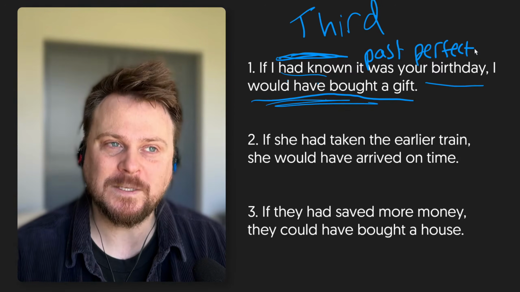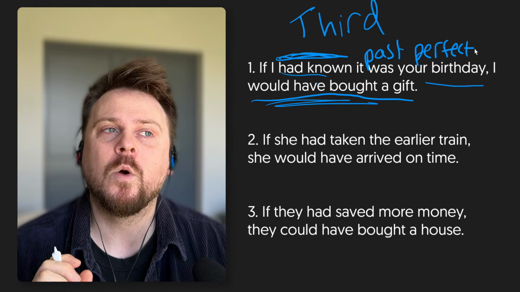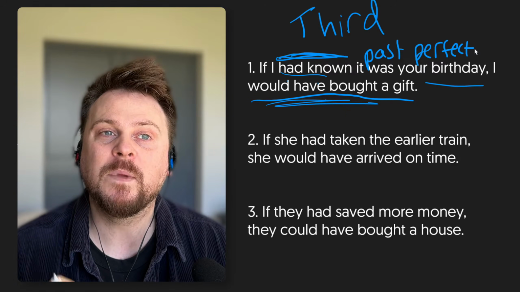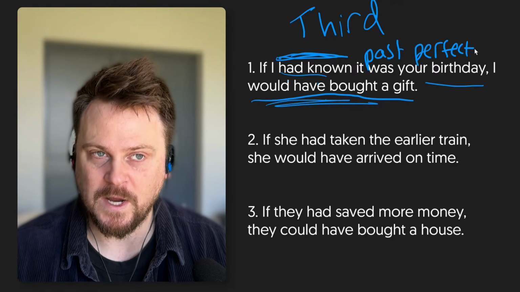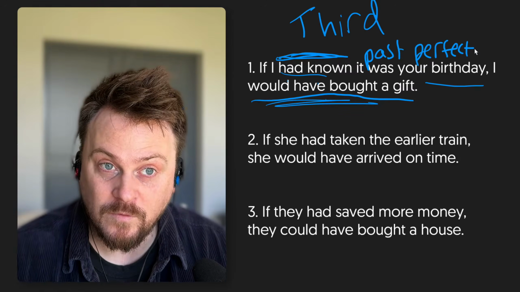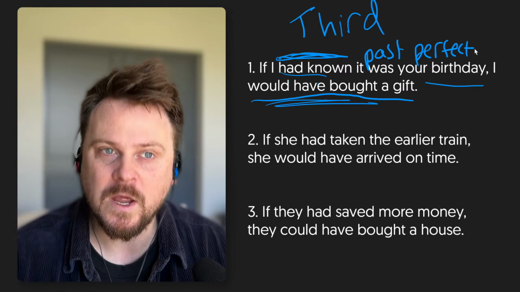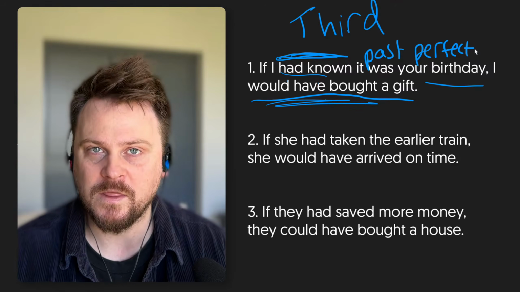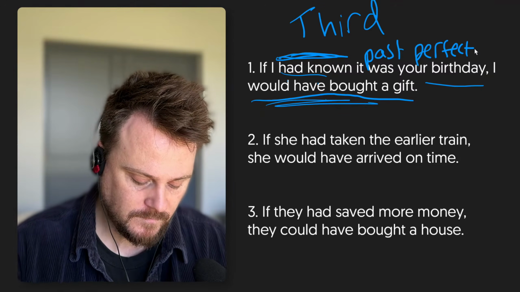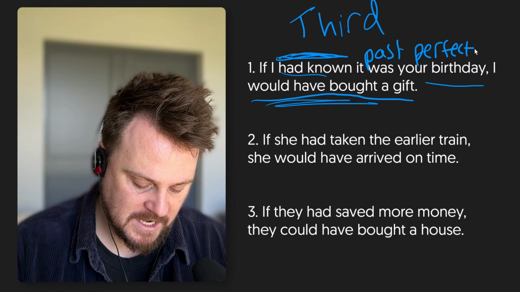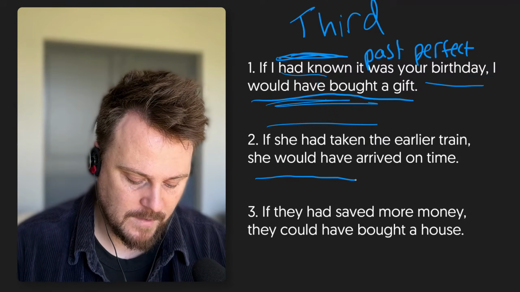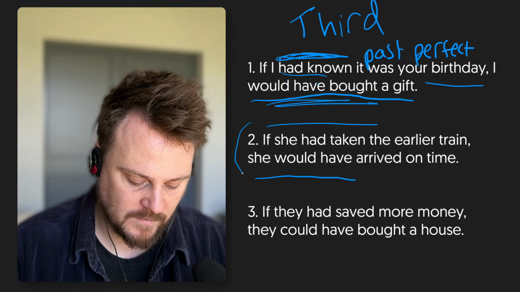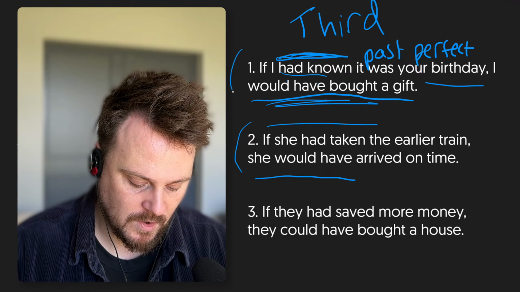You would use the past perfect tense to talk about what would have been true before another thing was true, right? So if I had known, which I didn't, if I had known, I would have done this, right? Okay. If she had taken the earlier train, she would have arrived on time. That is a simpler way to phrase the same kind of grammar that's going on here.